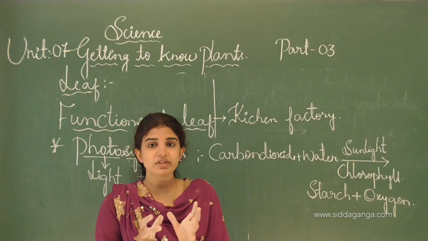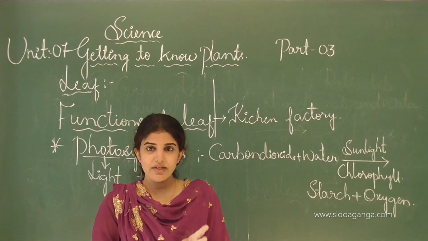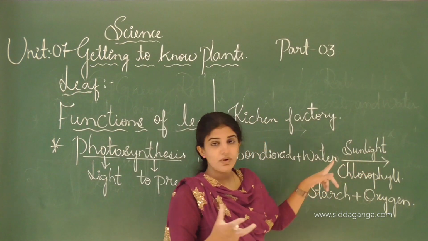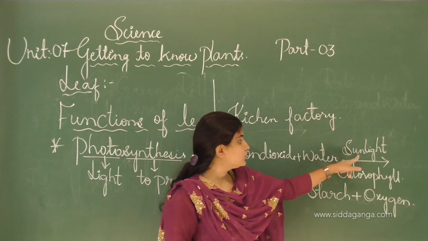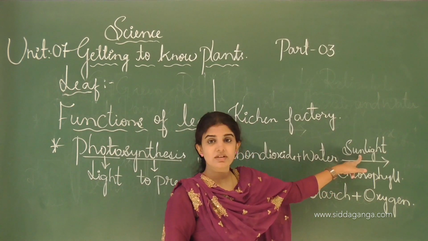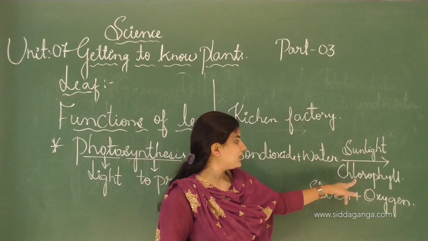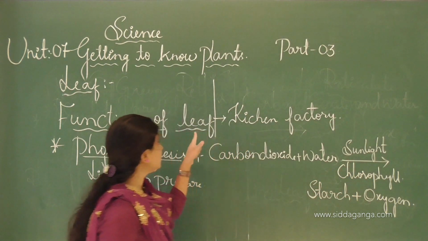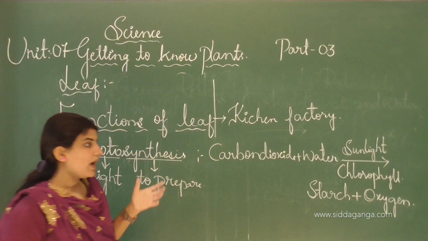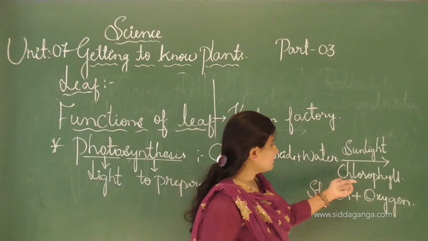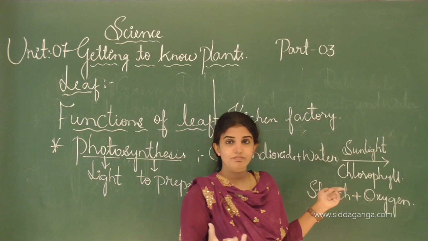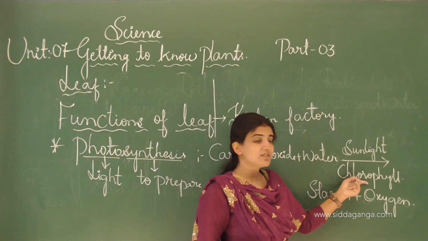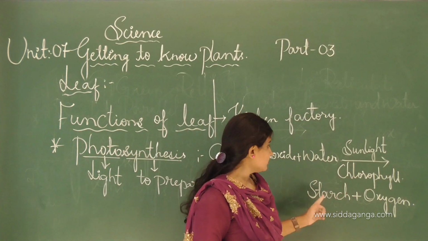Usually sunlight gives us heat as well as light, but here for preparing the food, plants utilize the light of the sun and the chlorophyll pigment, a green color pigment present in the leaves. Usually leaves are green in color, and this green color is nothing but the chlorophyll pigment. Pigment means color.